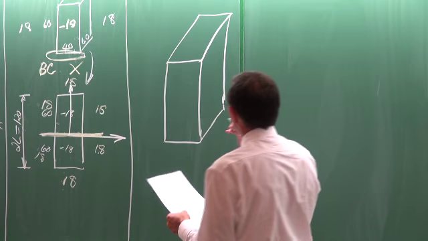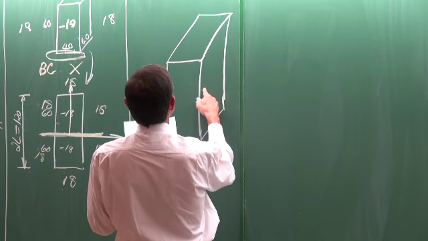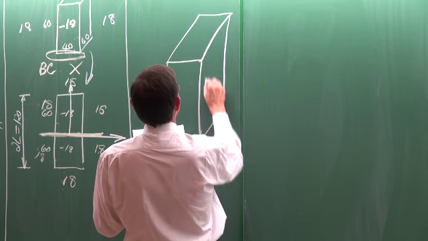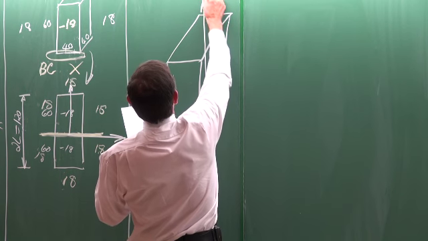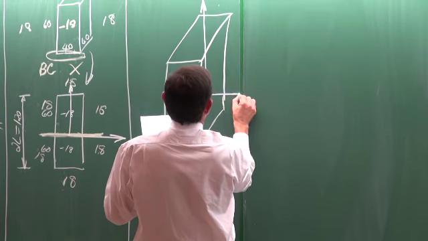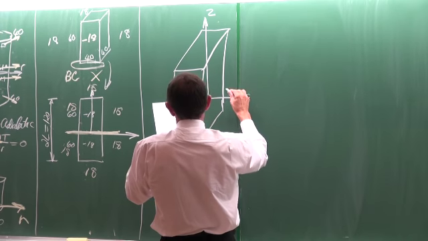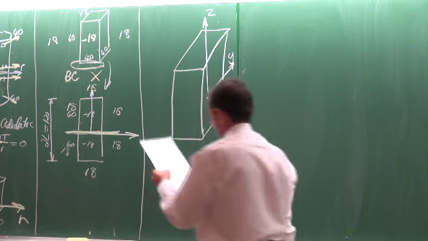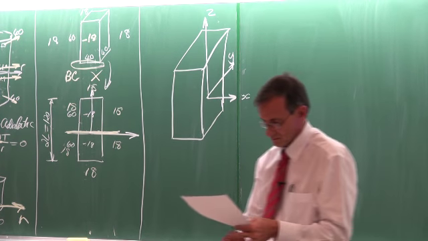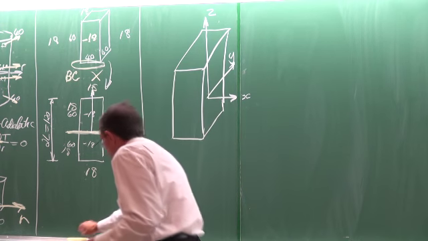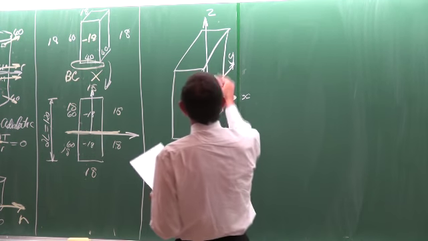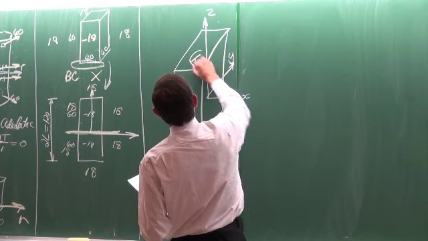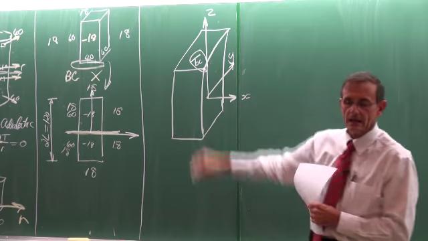And now our coordinate system is in the center. Take note, that is the Z direction, that is the X direction, and that is the Y direction. And I'm going to select this point here as the temperature that we want to determine, that corner there, Tx.